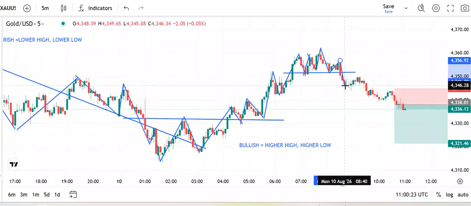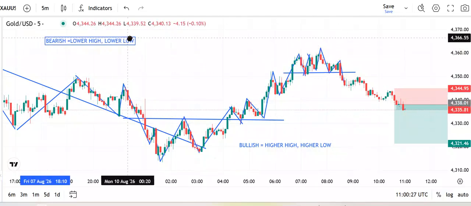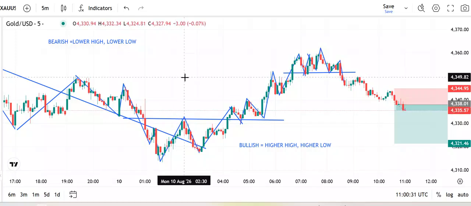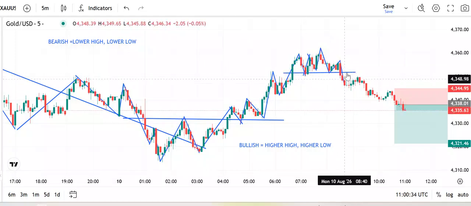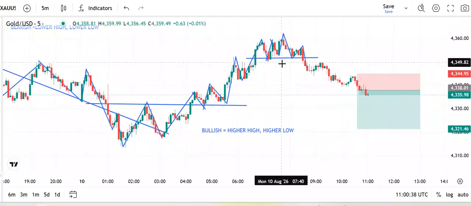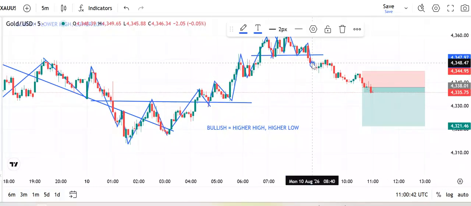So the moment you start seeing lower low, lower high, you're back to bearish.